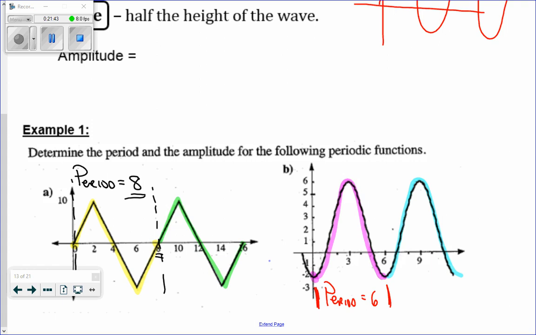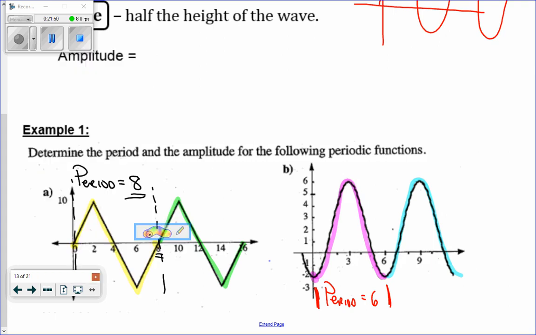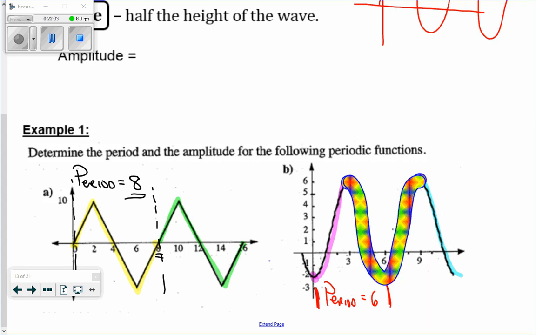Now, there's some of you little geniuses in here. There's always one every year that says, okay, I don't see the pattern like that, Schnorr. My eyes go from here to here. I see this as my pattern, and I'm going to repeat that over and over and over again. No worries. Where are you starting at? 3. Where are you finishing at? 9.